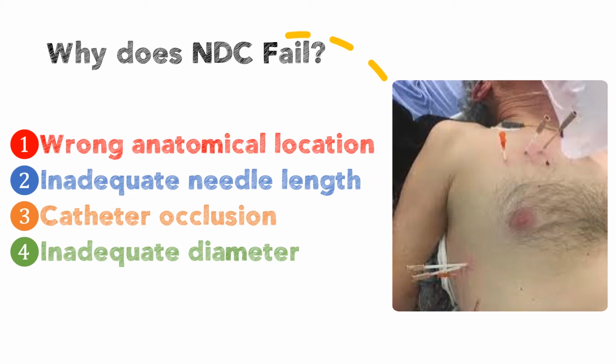So if you look at the picture on the right, at the needles that are in the second intercostal space, or at least I think they might be, and you look at the ones on the anterior portion of the chest, if you say that those needles are correctly placed, then you would be wrong, because at least two of them are placed way too medial and not on the midclavicular line at all.